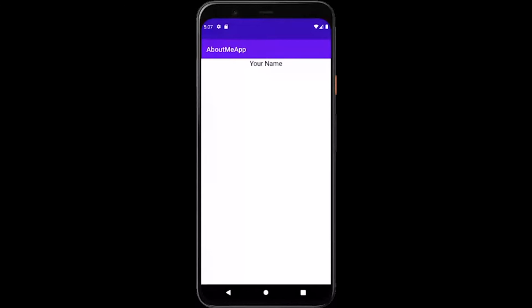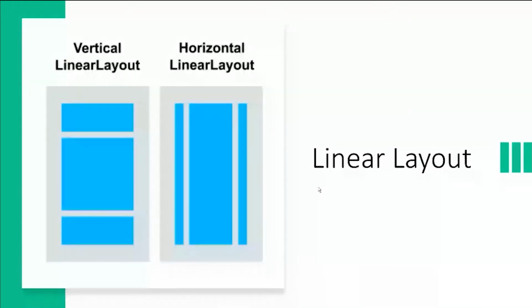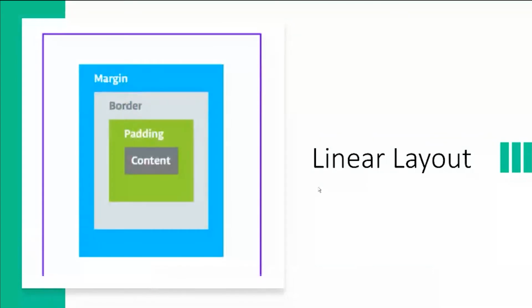Okay, padding is the space between the boundaries of a view or an element. I'll show you an image that will help you for better understanding. These are the two types of linear layout, horizontal and vertical.